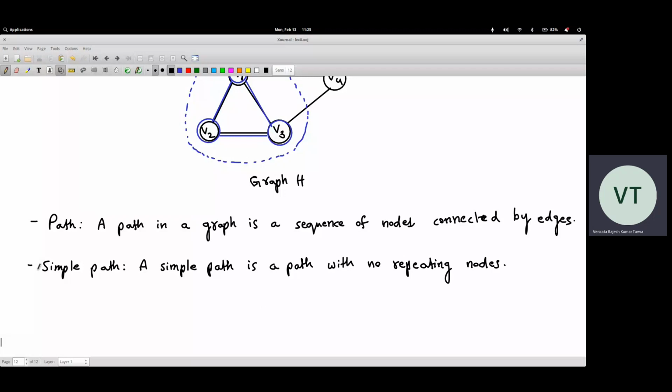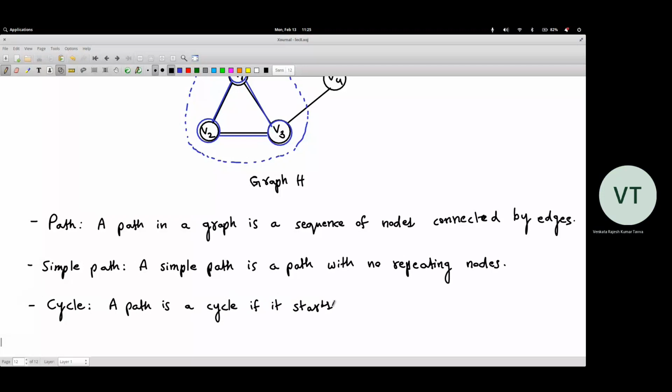So now the next definition is that of a cycle. A path is a cycle if it starts and ends in the same node.